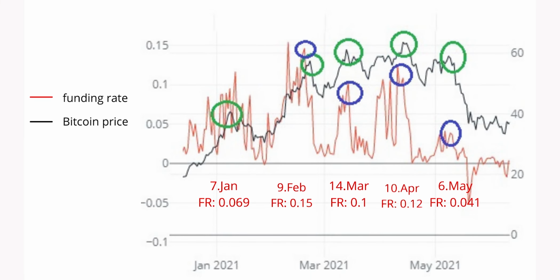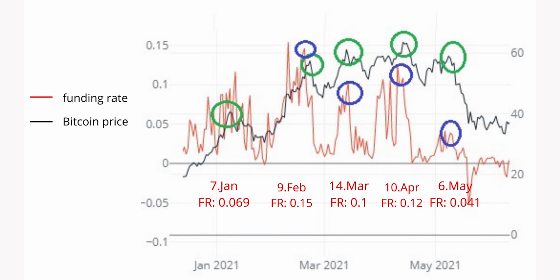Look at this chart. The red diagram is funding rate, and the black diagram is Bitcoin price. On 7 January, the funding rate was about 0.0619, and you see after that, the price of Bitcoin dropped.